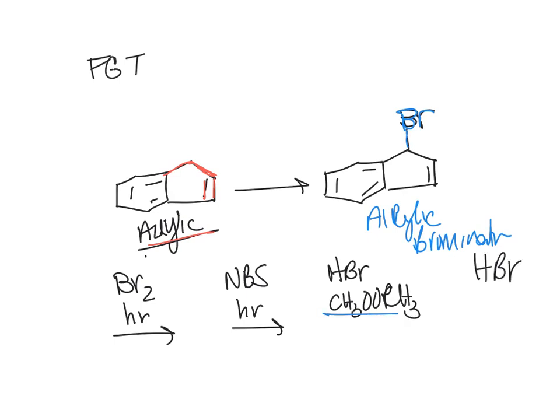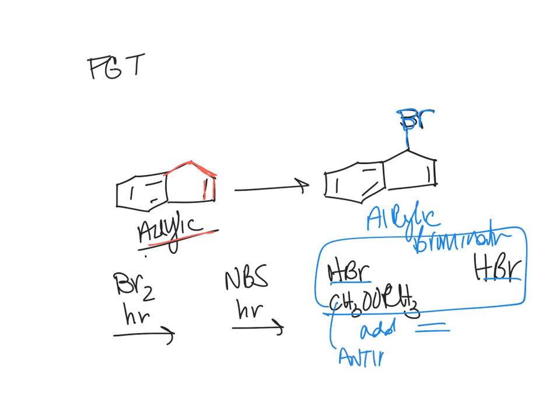Now these will add to the double bond, okay? So these add to the carbon-carbon double bond. They add HBr, and this one is anti-Markovnikov. It does go through the free radical mechanism. This is Markovnikov, okay? So we did not add bromine to the carbon-carbon double bond.